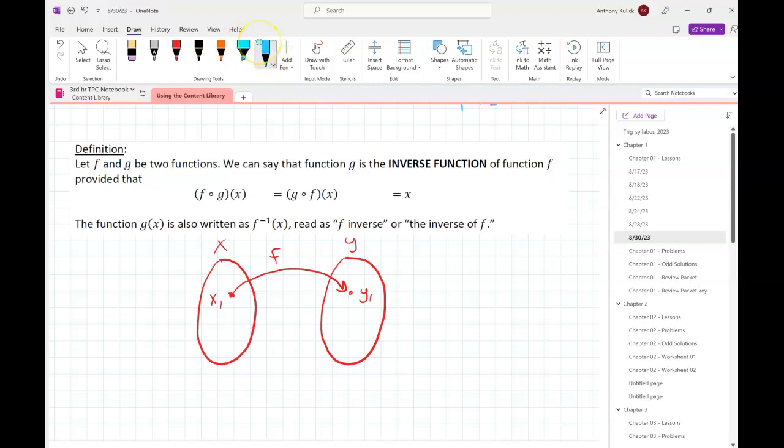So like if we have some function f, its inverse should be some function that, let me draw it this way, that'll take that y and send it back to x.